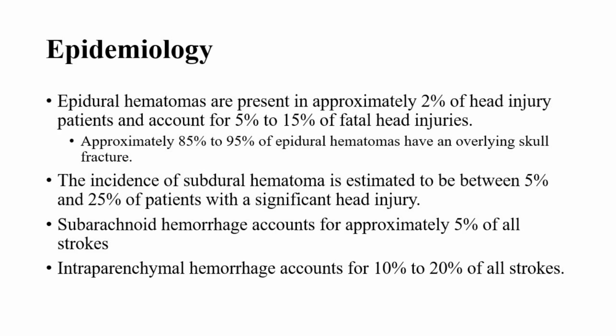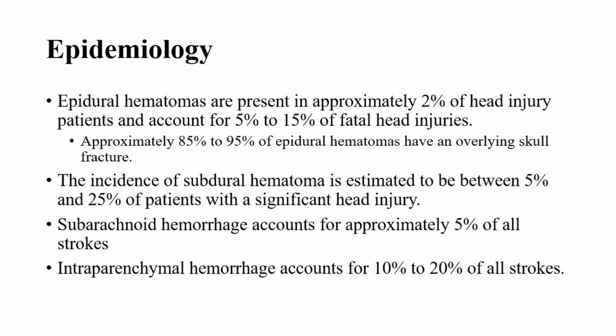Approximately 85% to 95% of epidural hematomas have an overlying skull fracture. The incidence of subdural hematoma is estimated to be between 5% and 25% of patients with a significant head injury. Subarachnoid hemorrhage accounts for approximately 5% of all strokes, whereas intraparenchymal hemorrhage accounts for 10% to 20% of all strokes.